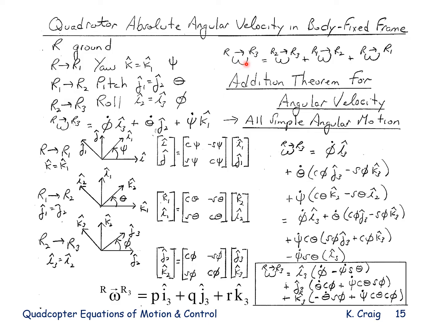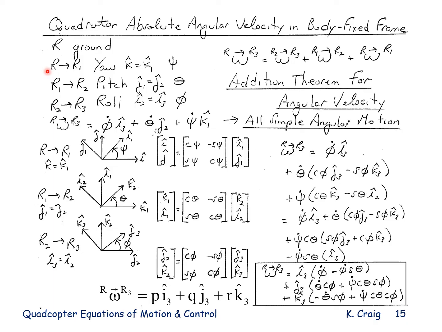The angular velocity of the body fixed reference frame in the grounded reference frame, or the angular velocity of R3 in R, by the addition theorem for angular velocities, equals the angular velocity of R3 in R2 plus the angular velocity of R2 in R1 plus the angular velocity of R1 in R. R is our grounded reference frame.